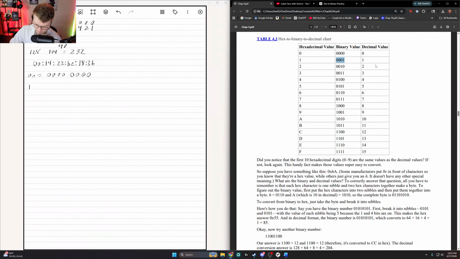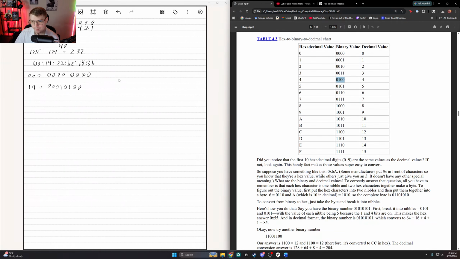So 1 and 4 equals 0, 0, 0, 1, and then our 4 would be 0, 1, 0, 0. So that's how we get the 1 and the 4. We're just copying the numbers over right now, right?